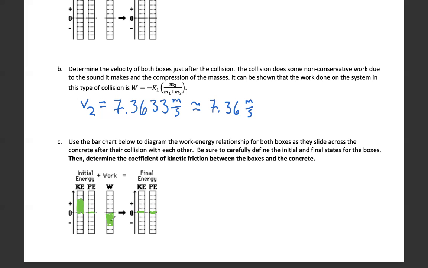So that's why this amount here has to be opposite the kinetic energy. So what then is the nature of the force that is causing this? We have to remember that the force that is exerting this work is frictional. This is due to friction.